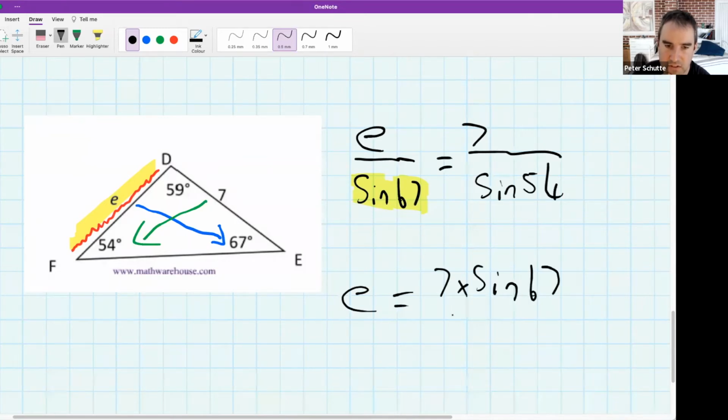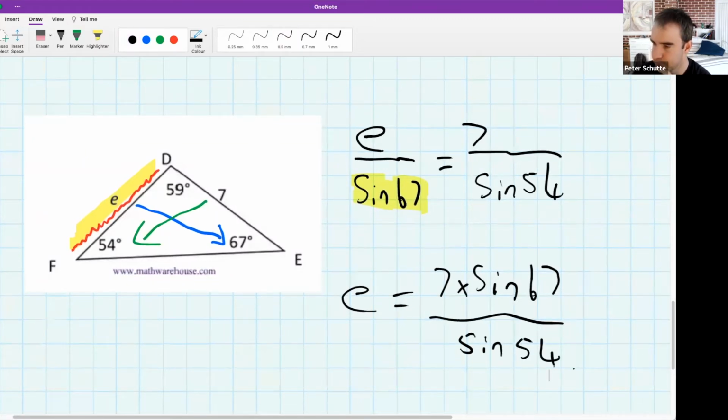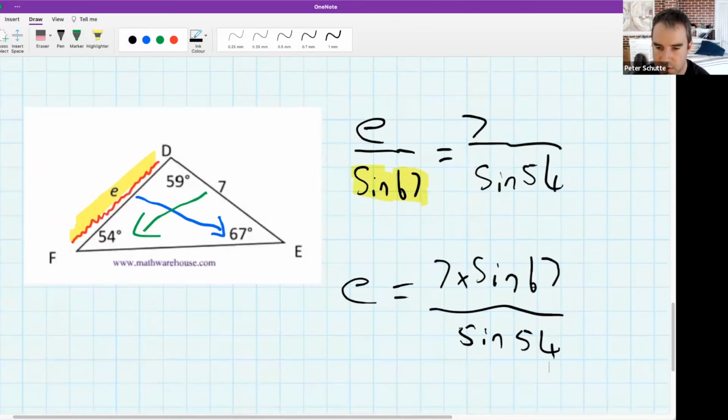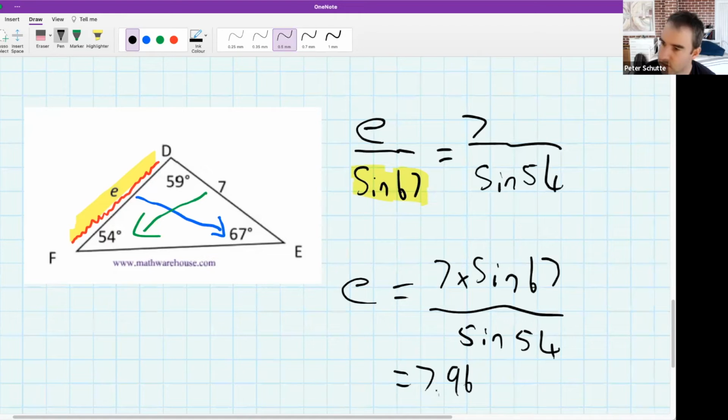So it's 7 times this over this. And then I want to see a few more students put their answer in the chat. It's looking good. So what's the final answer? 7 times the sine of 67. And we do indeed get 7.96. And that's going to be units or centimeters.